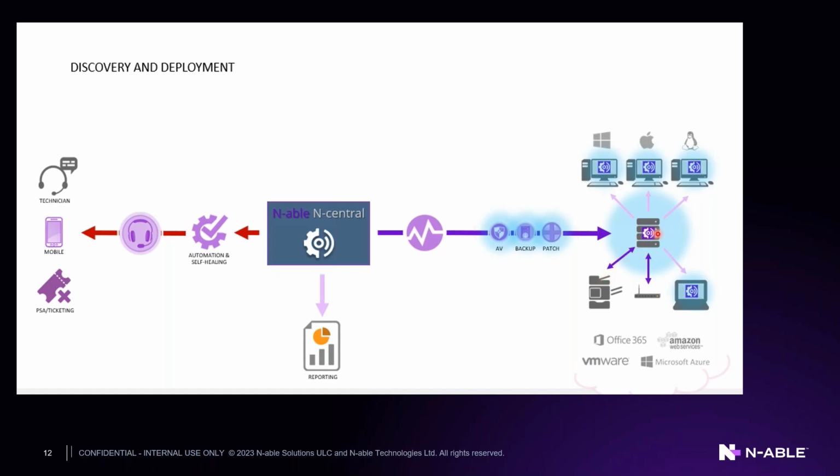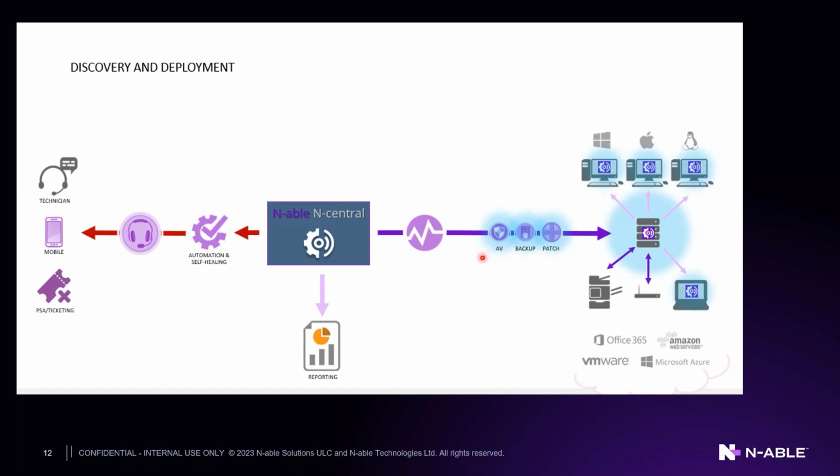Now, that being said, all of this then rolls up into the N-central server, where you can then turn on those features and functionality, right? EDR, patch management, cloud data protection, DNS filter. You can now start turning on the management that is now built into the N-central server.